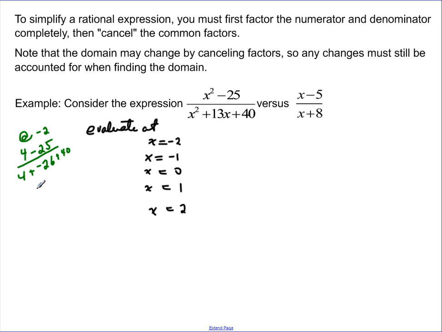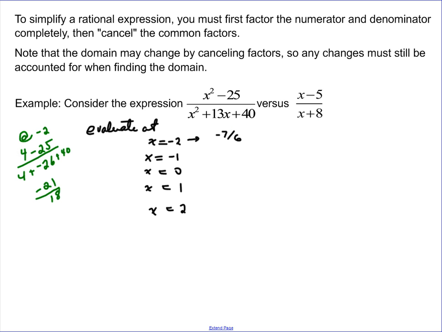That gives me negative 21 divided by 4 minus 26, which is negative 22, plus 40, which would be 18, right? If we reduce that by dividing by 3, our value at x equals negative 2 is negative 7 over 6.